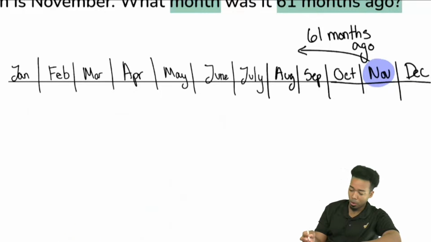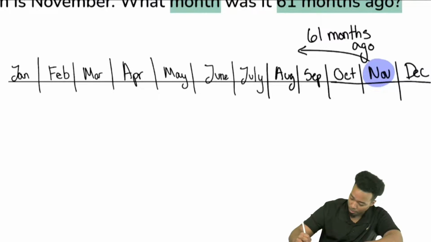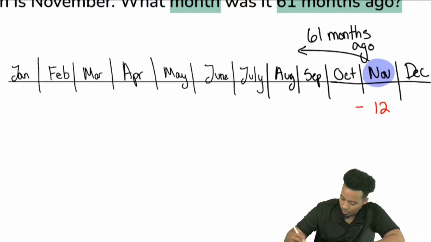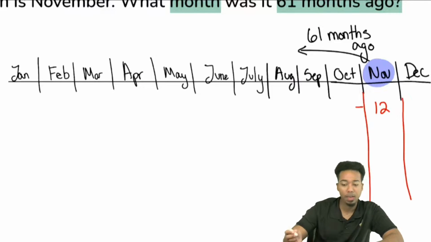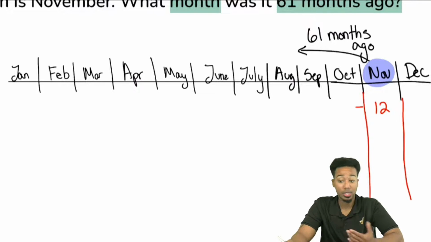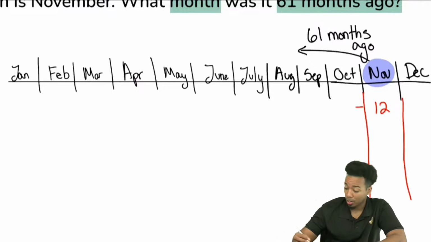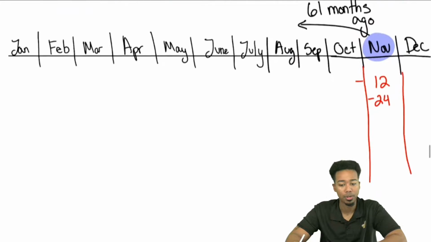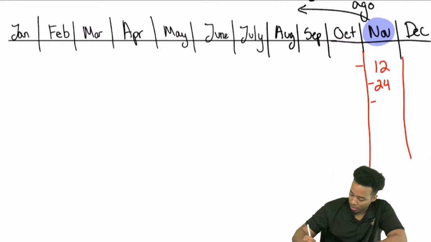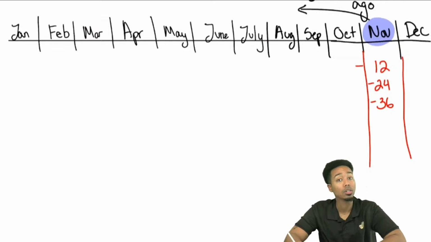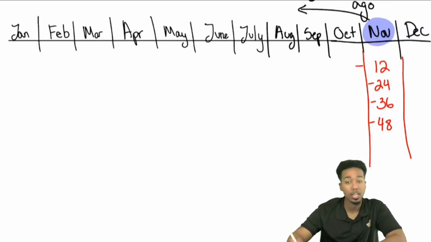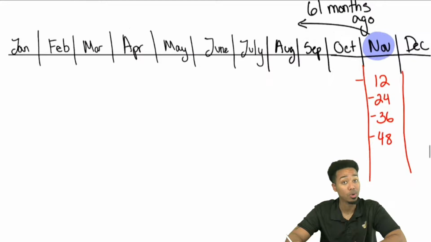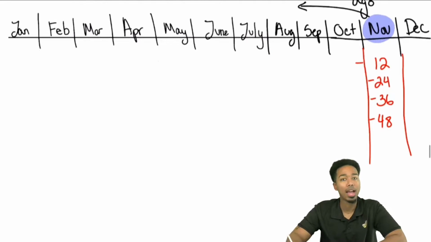If we go back 12 months, we end up right back at November because that's a whole year. If we go back another 12 months, we end up still at November. Another 12 months, still at November. Another 12 months, still at November. Everybody, we're trying to get back to what? 61 months ago? Okay, we're back to 48.